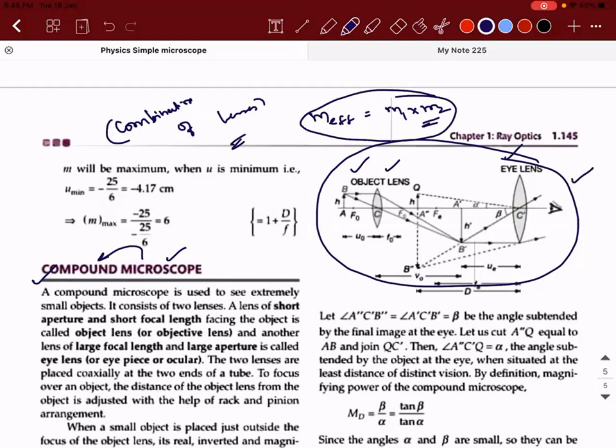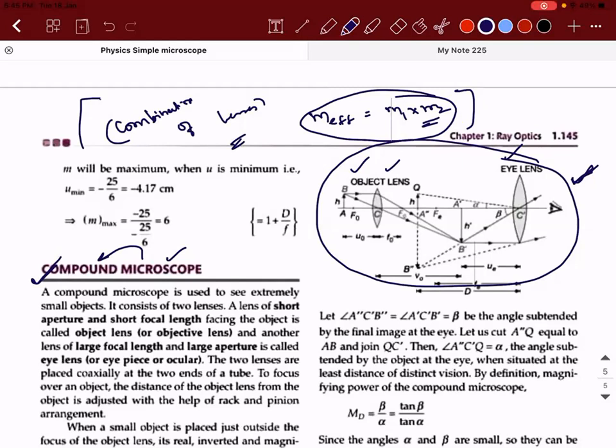I gave you the outline, but for you to understand this concept, I want you to master the concept of simple microscope. So I suggest everybody practice it today, so that in tomorrow's class I can complete compound microscope and telescope at a stretch.